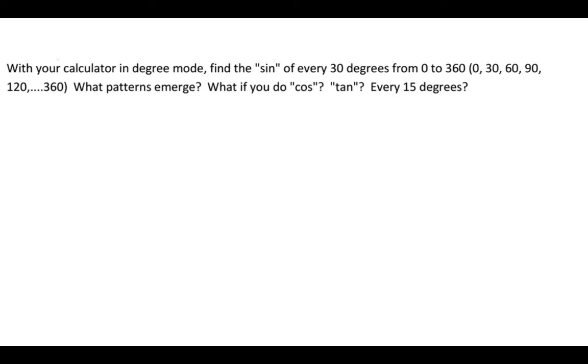If you just do sine of every angle from 0 to 360, every 30 degrees, you start to see what patterns emerge. If you do it every 15, you can see even better. You can do it for cos and for tan. You notice that angles like 30 and 150 go together.